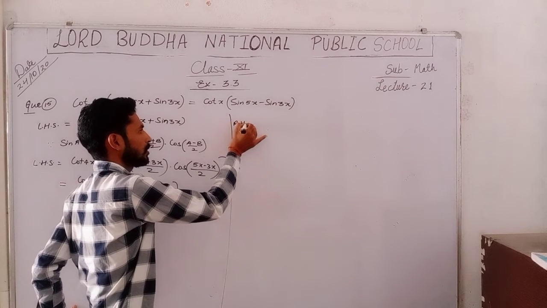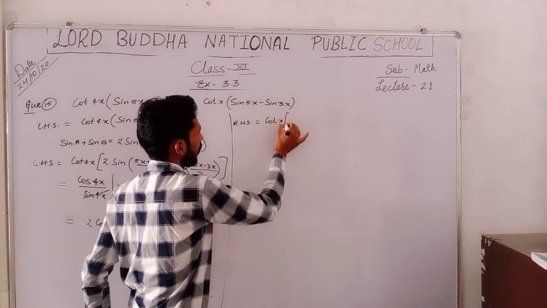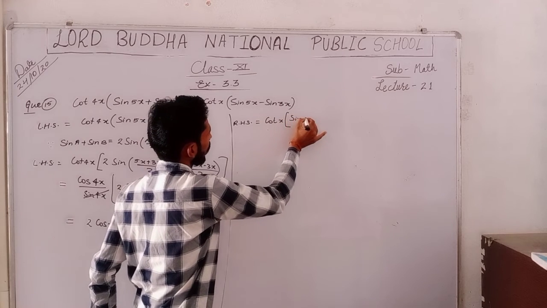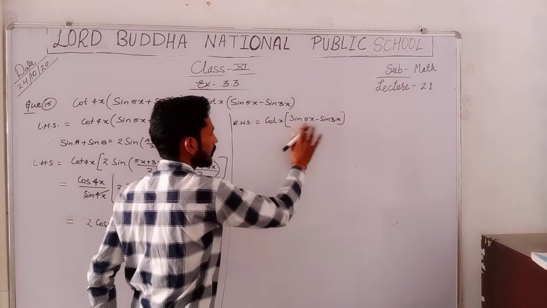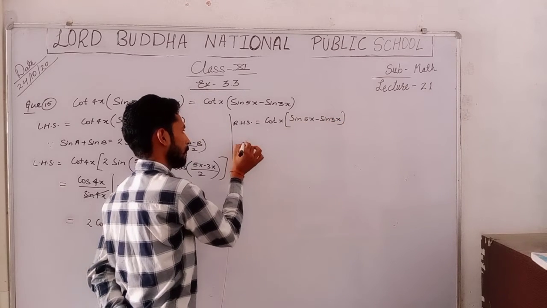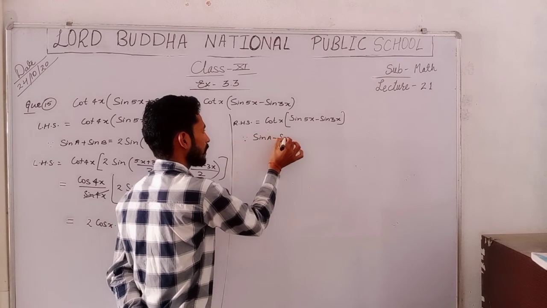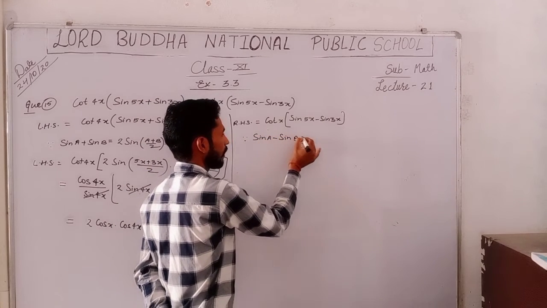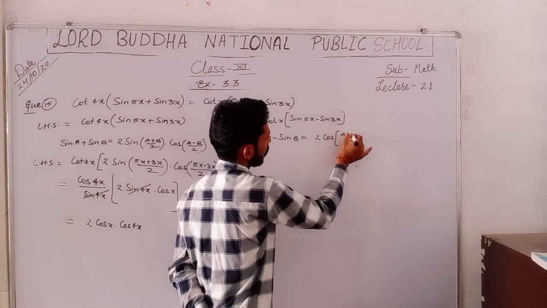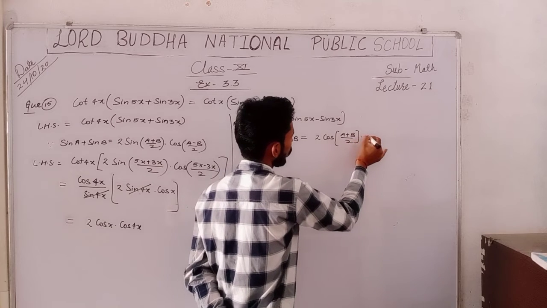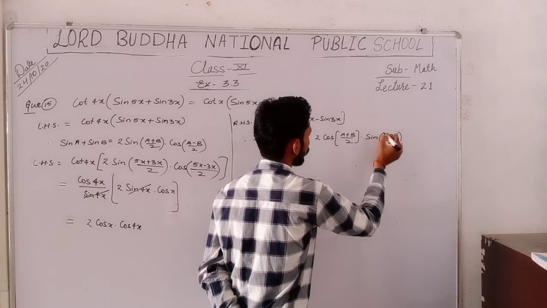The right hand side of this question is cot x and in the bracket sin 5x minus sin 3x. This is the formula of sin A minus sin B, which is 2 cos (A plus B) divided by 2 into sin (A minus B) divided by 2.